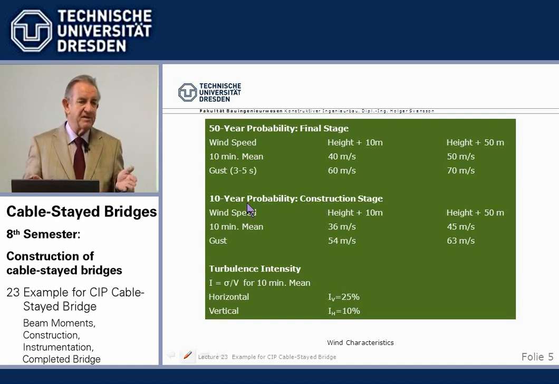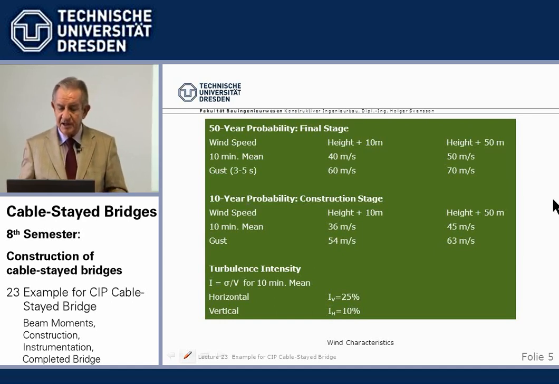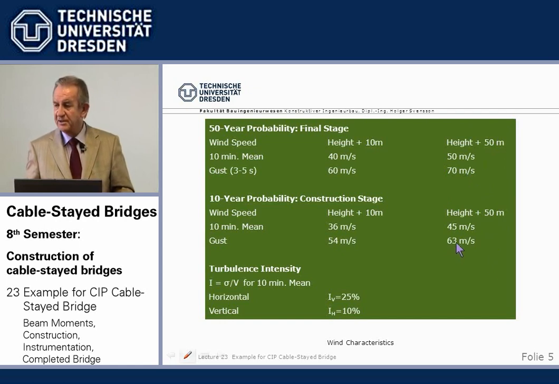That's something you have to agree with the client or the code states. And it's not much less. If we compare the figures, it's about 10% less. So we still have 225 kilometers per hour. High wind speed, often occurring.